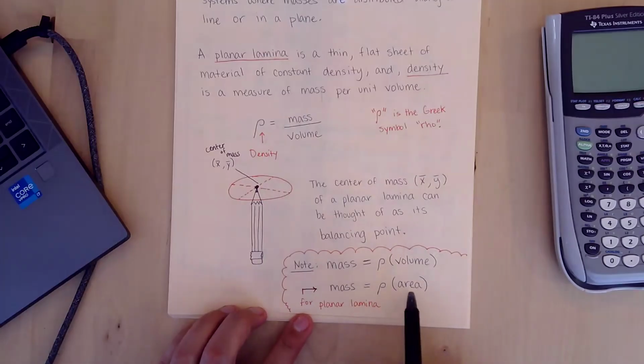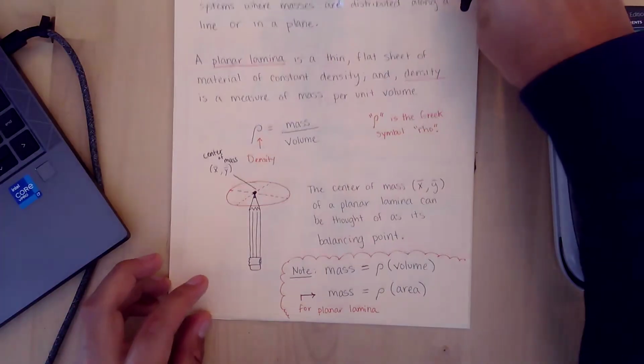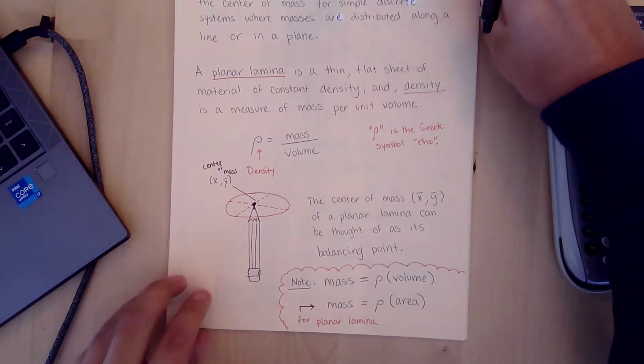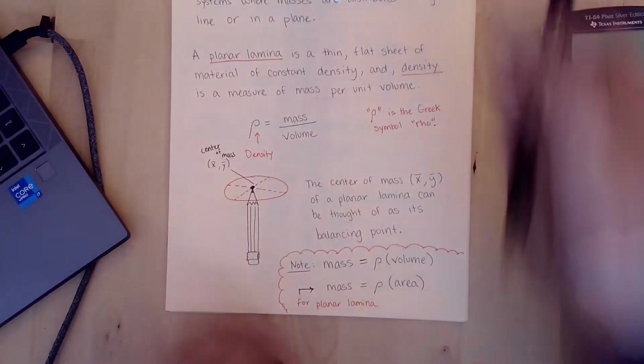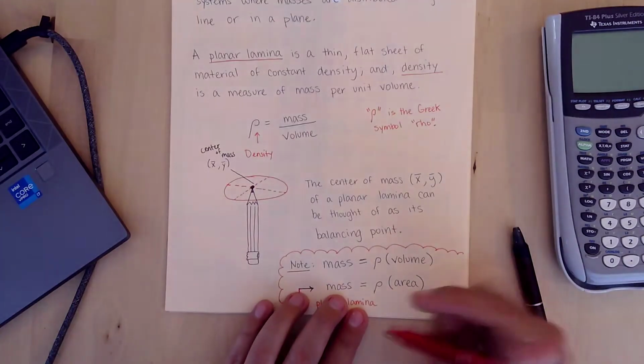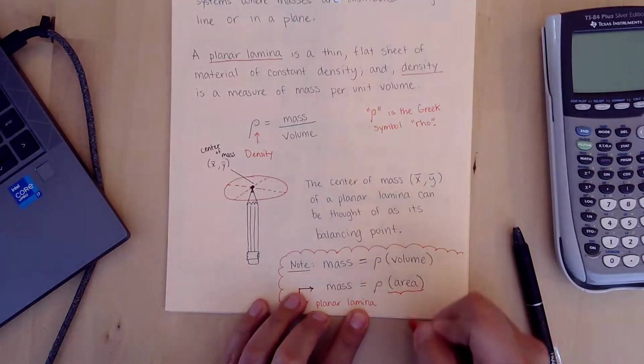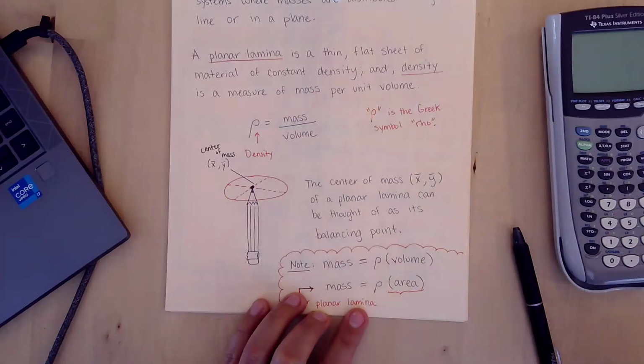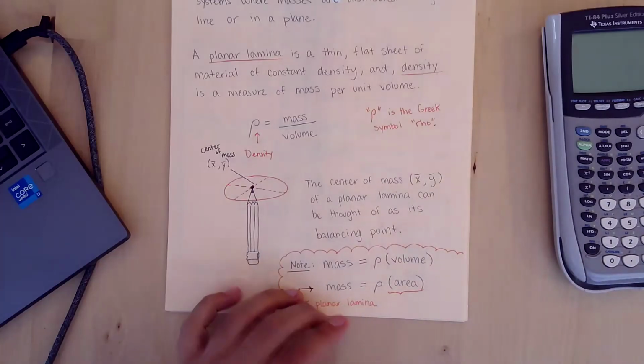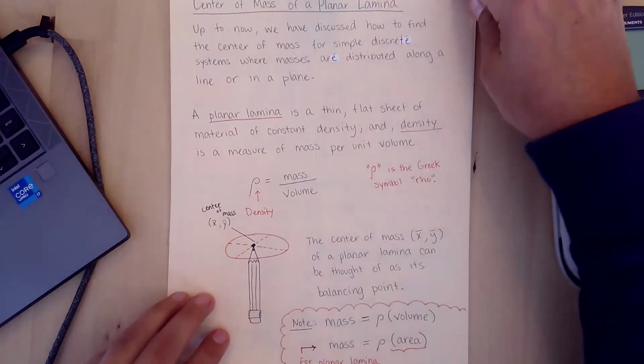So for a planar lamina in this context, whenever we're looking for mass, we're just going to take that density rho times some area. And if you were thinking to yourself that in the previous video, at no point did we take an integral and actually use calculus, well, now that we're talking about finding an area to multiply by the density, that's what's going to introduce our calculus formulations.